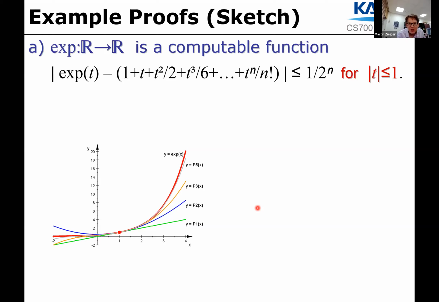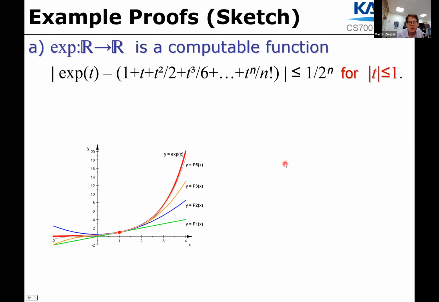Green is the linear, blue is the quadratic, orange is the cubic, and then there's an order 5 approximation. You can see that indeed in the interval from 0 to 1, these are extremely good approximations, but beyond that interval, the approximations are bad, and they don't really seem to get much better, as you can see.